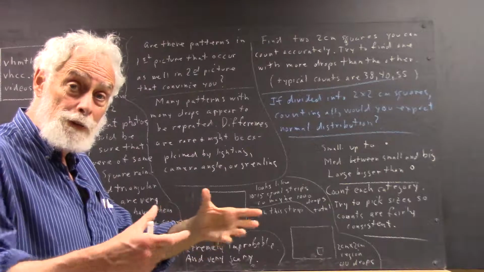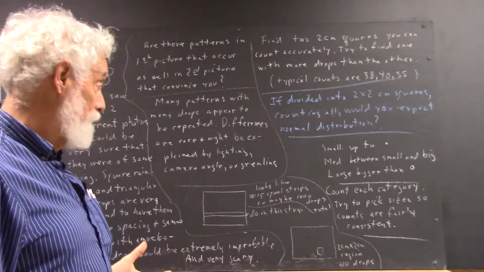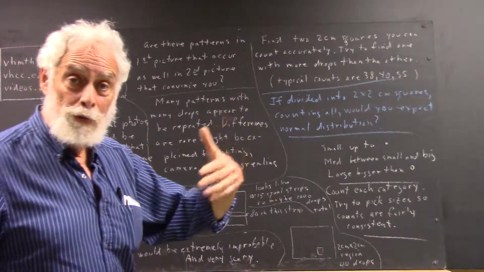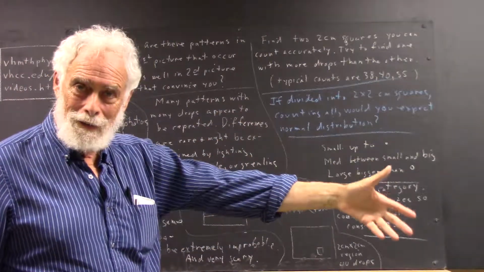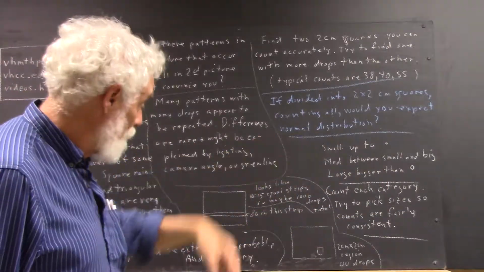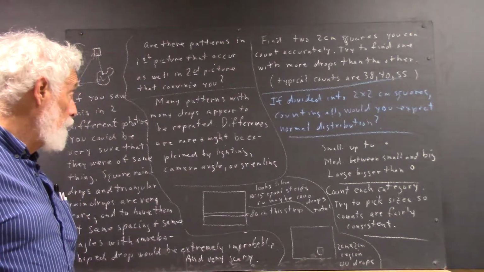Do you have the same constellations? It doesn't take many to convince you that it's very improbable that you'll ever see those constellations again on a piece of plastic like this, under these circumstances.